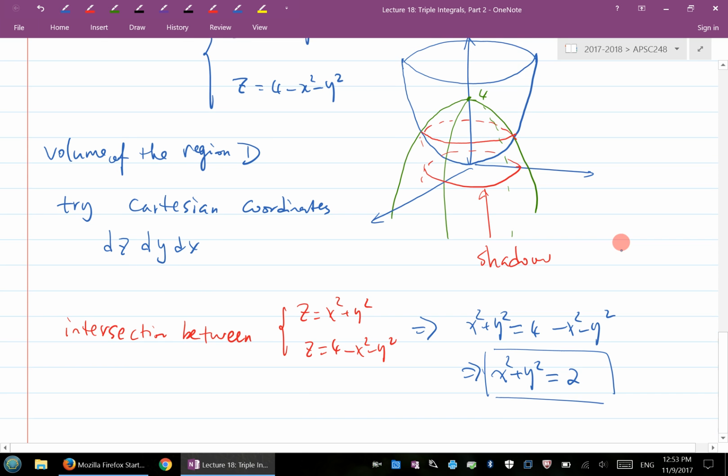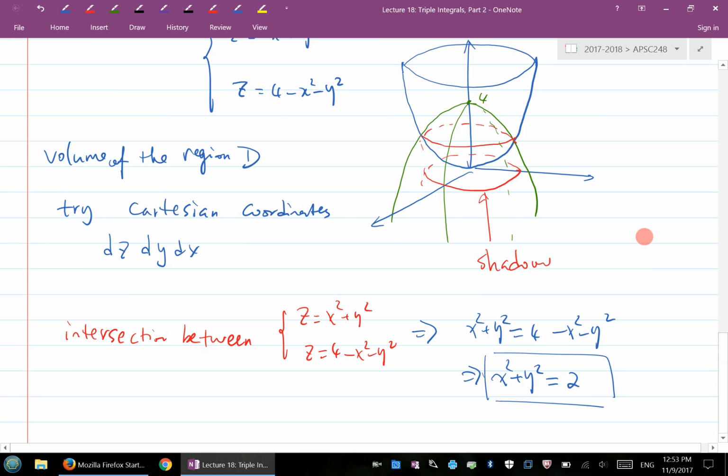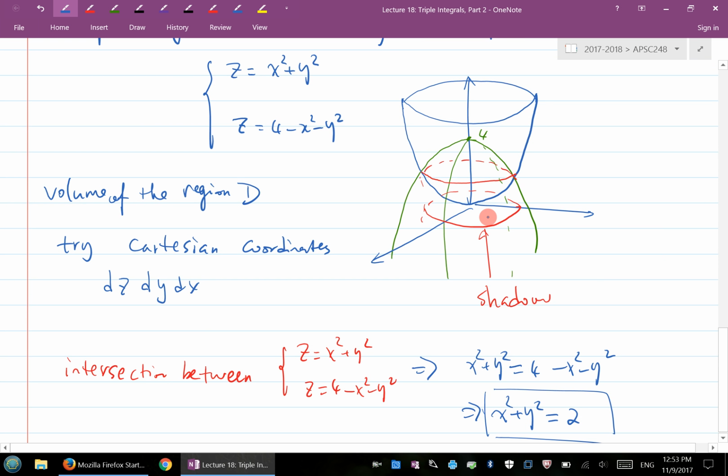Okay, the limits for z, I'll just quickly show you. Starting from any point within the shadow, you draw an arrow line that goes through that point and then through this region D. The first contact and second contact give you z min and z max.